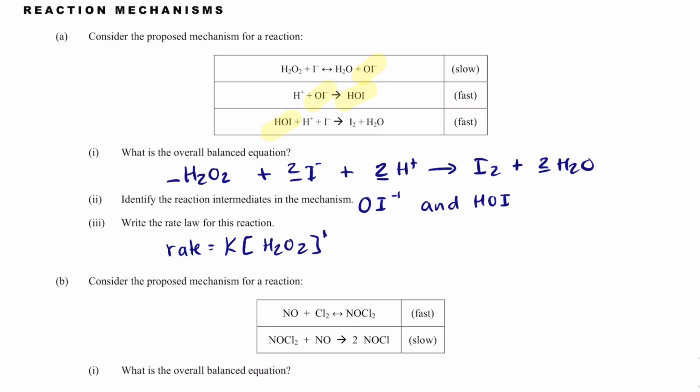Just one, so it'll be to the first power. And then I minus, how many do I have in the first step? Just one. And so then I'm going to compare it. When the first step is a slow step, you don't technically have to do this, but it will feed into what we do in B: H2O2 is not an intermediate, and I minus 1, excuse me, is not an intermediate, so this checks out, and this is the rate law.